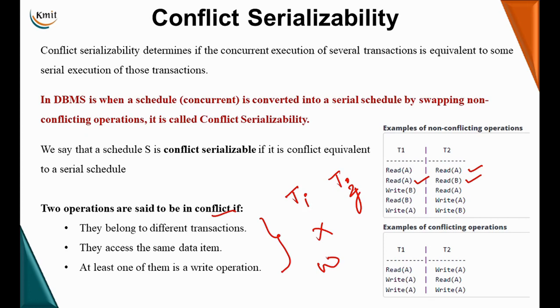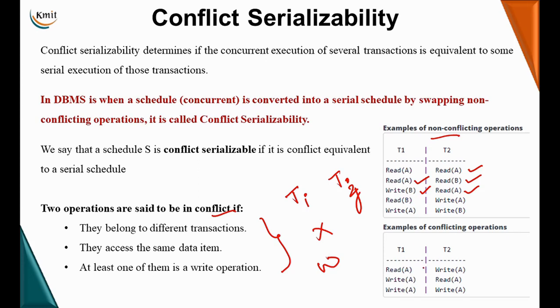There is no problem at all. One is updating the number of available seats for Bangalore, and the other is reading the available seats to Delhi, no problem at all. So a combination of reads on the same object, or reads on different objects, or read-write or write-read on different objects are all non-conflicting.